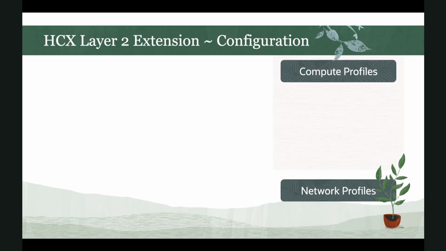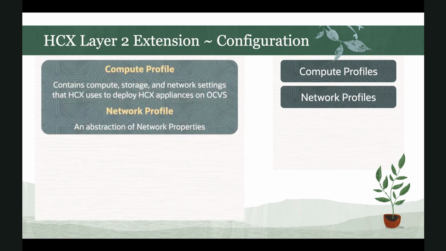A compute profile needs to be created, which is a container of the compute, storage, and network settings used to deploy the HCX appliances. A network profile is part of the compute profile, and it is an abstraction of network properties like distributed port group or NSX logical switch or any of the other layer 3 properties of that network.